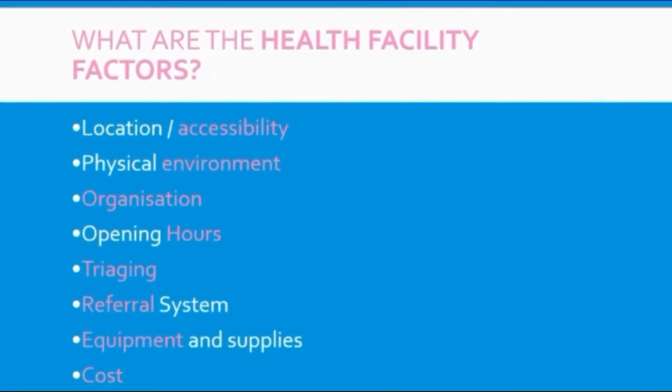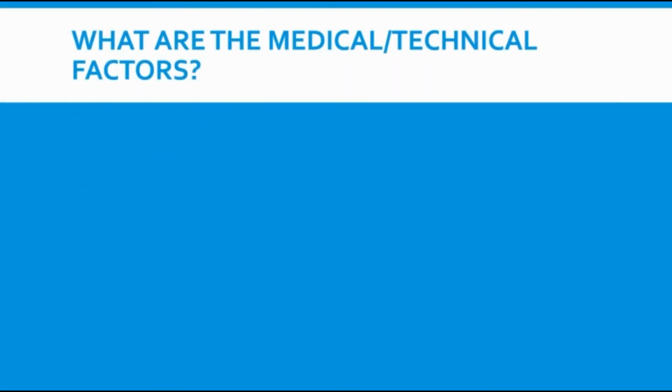The location or accessibility, the physical environment, the organization, the opening hours, triaging, referral systems, equipment and supplies, and of course, the cost. So what are the medical or technical factors?